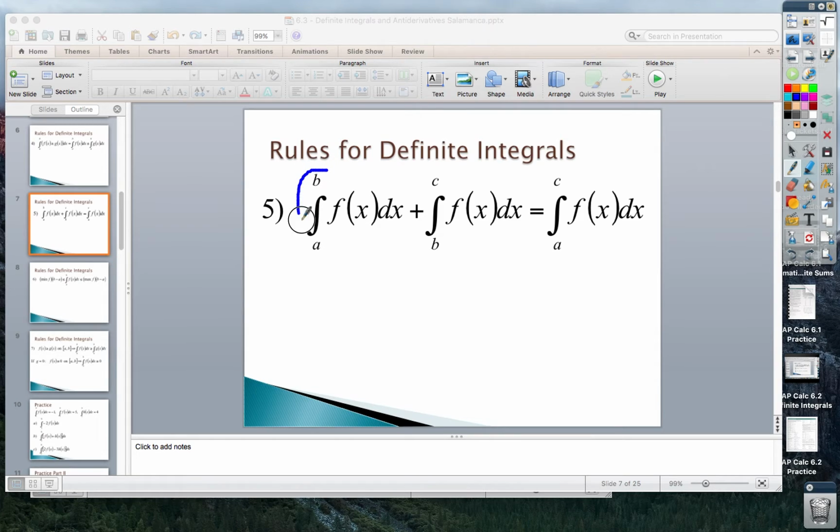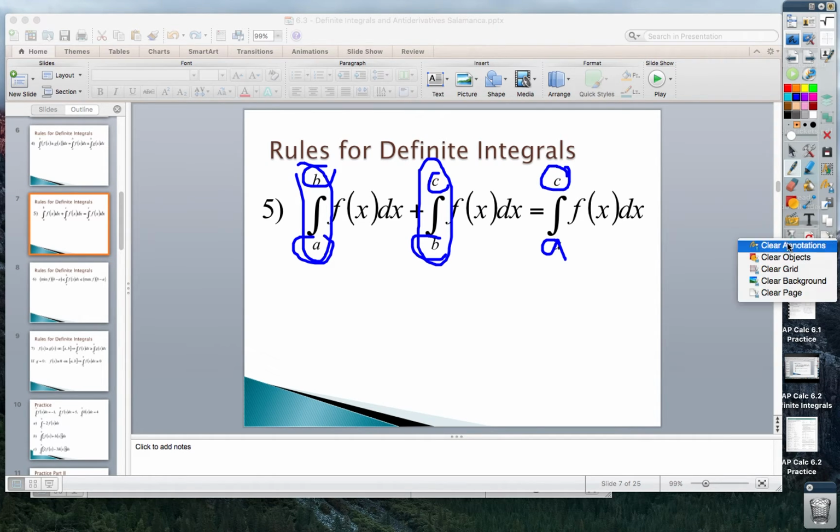So notice here at our definite integrals, we have an integral that starts from a and goes all the way up to b and then continues from b to c. What we've done here is we can rewrite that as one integral and say it goes from a through b and finishes at c, and we would get the same exact value.